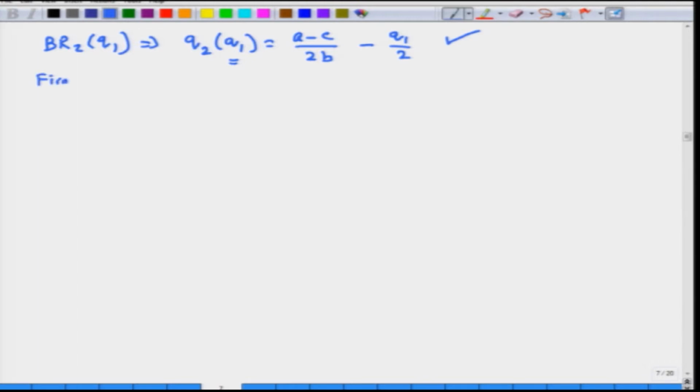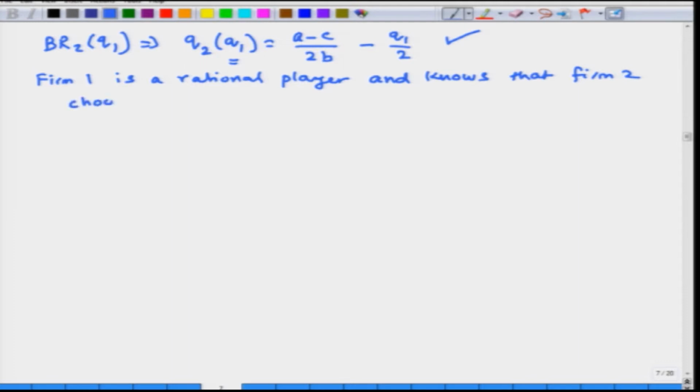So, firm 1 is a rational player, and knows that firm 2 chooses Q2 based on its best response function, right. So, essentially now firm 1 is asking what is the best possible Q1 that I can choose.